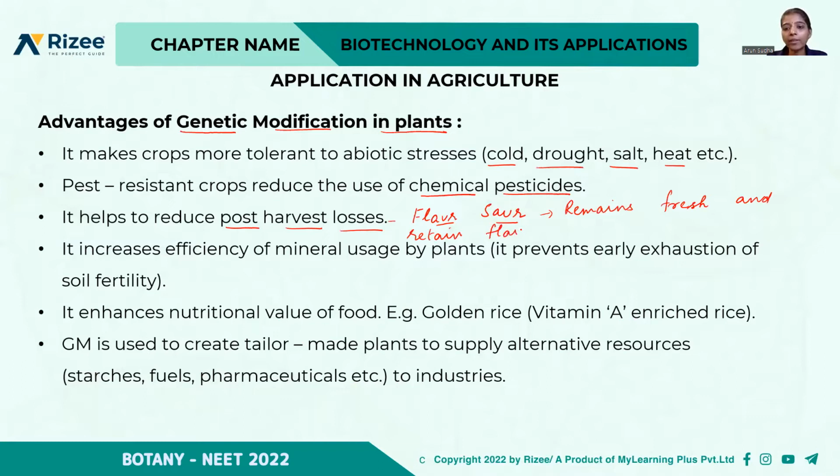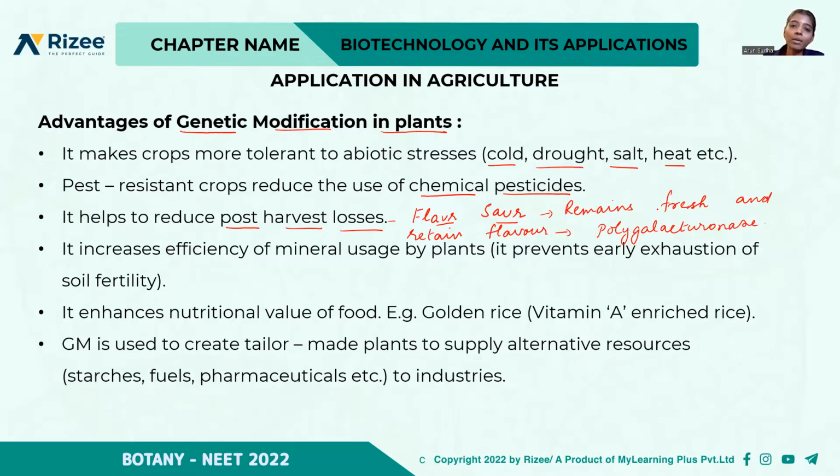This is due to the inhibition of the enzyme called polygalacturonase. As a result of inhibition of this enzyme, the tomato remains fresh and retains the flavor for a longer time, because this enzyme is responsible for the softening of tomato. So by inhibiting this enzyme, the tomatoes stay fresh.